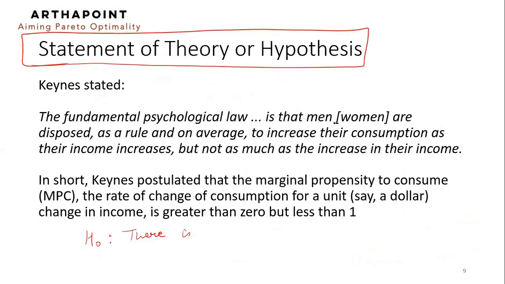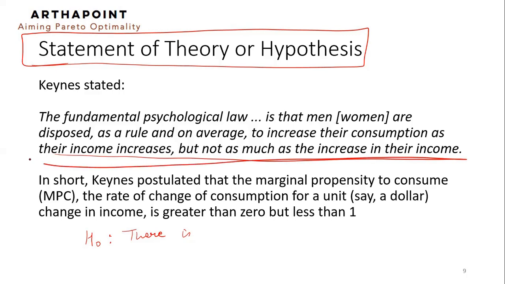So let's see. Keynes stated the following. Because at that time that was the kind of language that they would use: the fundamental psychological law is that men are disposed as a rule and on average to increase their consumption as their income increases, but not as much as the increase in their income.